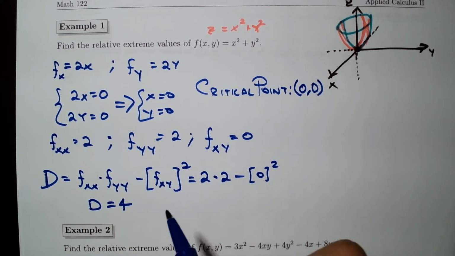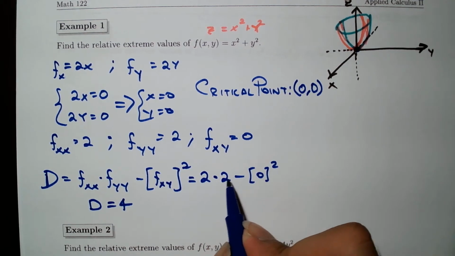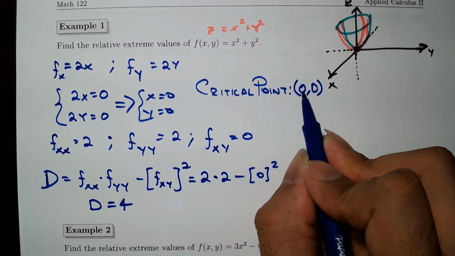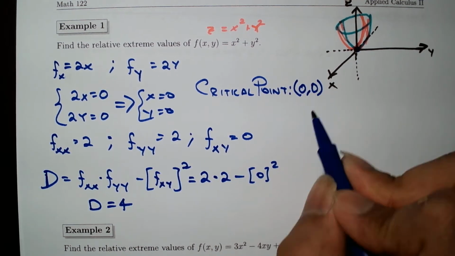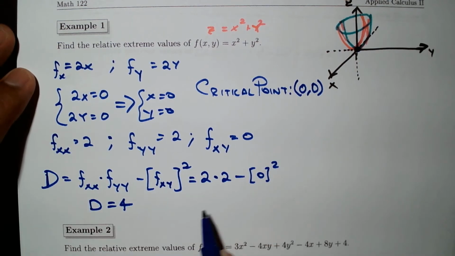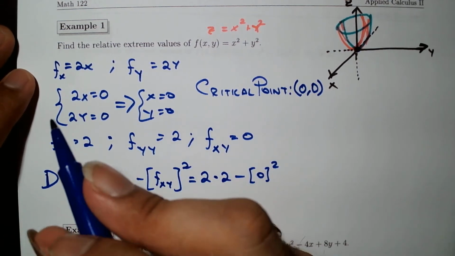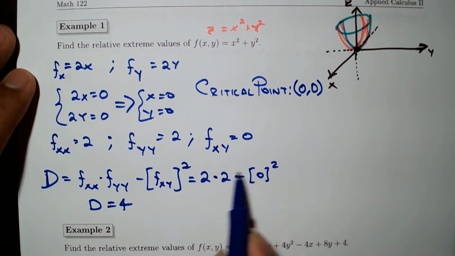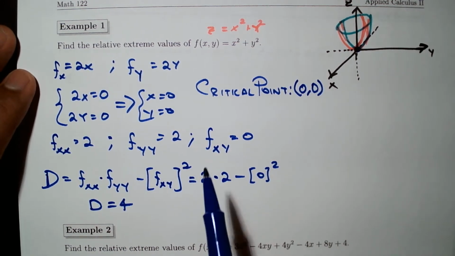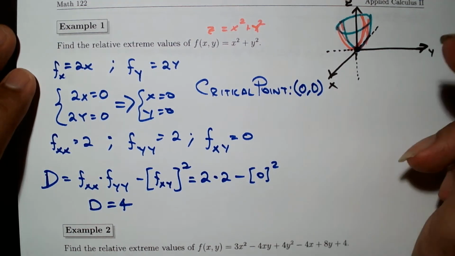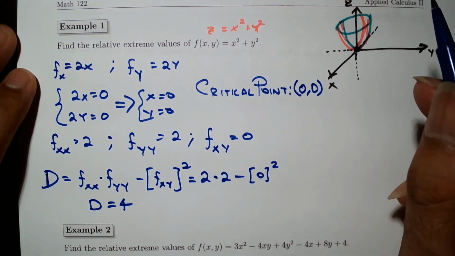Okay, so if we had x's and y's remaining, we would have plugged in x equals 0 wherever it corresponds and y equals 0 wherever it corresponds. But in this very simple exercise, there are no x's and y's involved, though we will have some of those in future exercises.